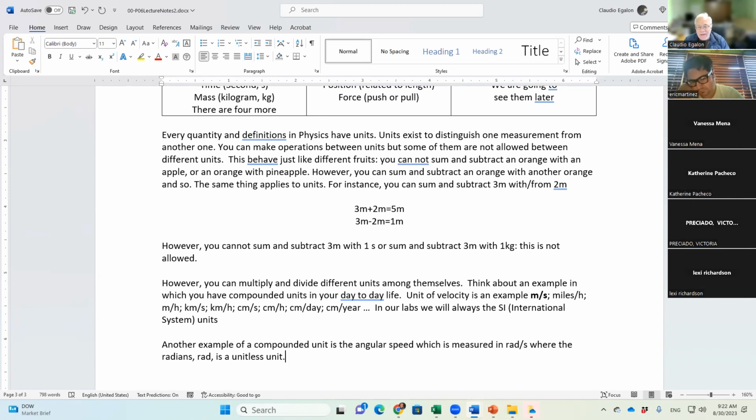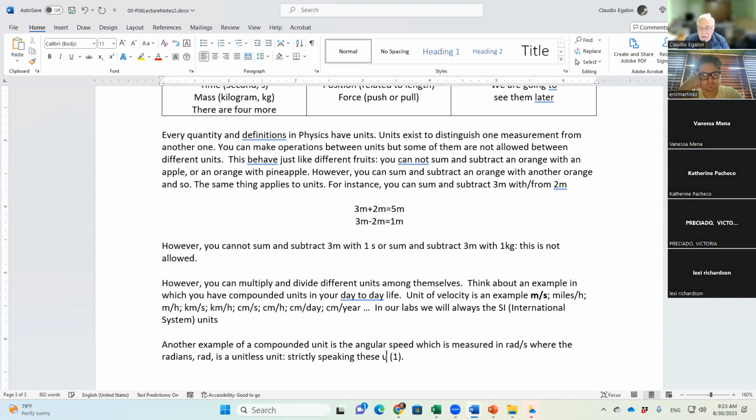When we talk about the unitless unit, we mean that the unit is, strictly speaking, the number one. I'm going to talk more about that, and we're going to cover that several times in the lab.